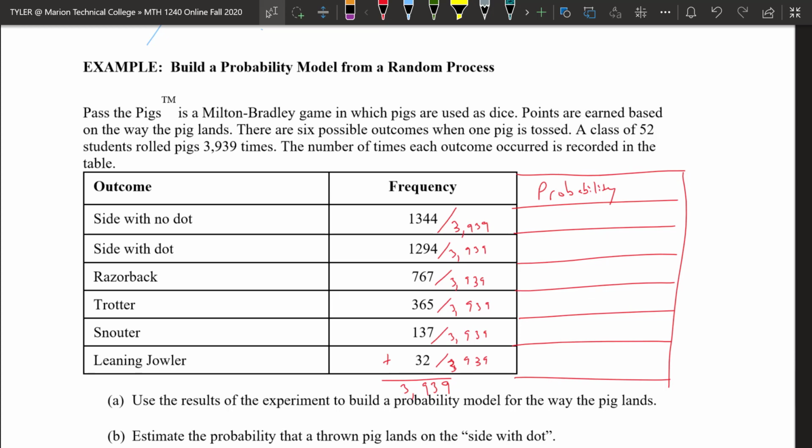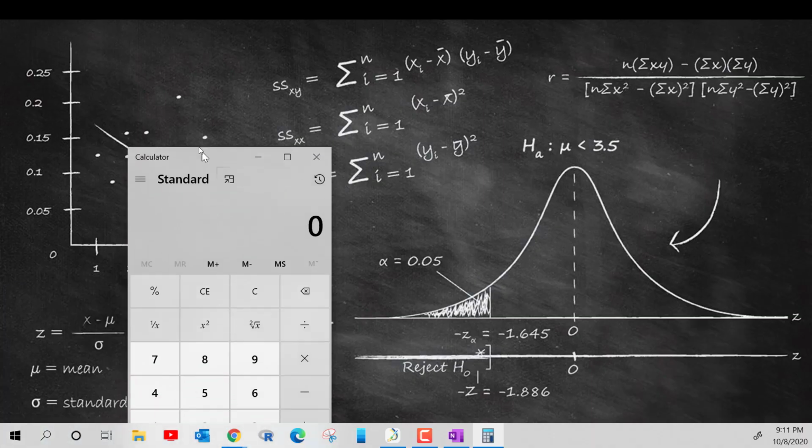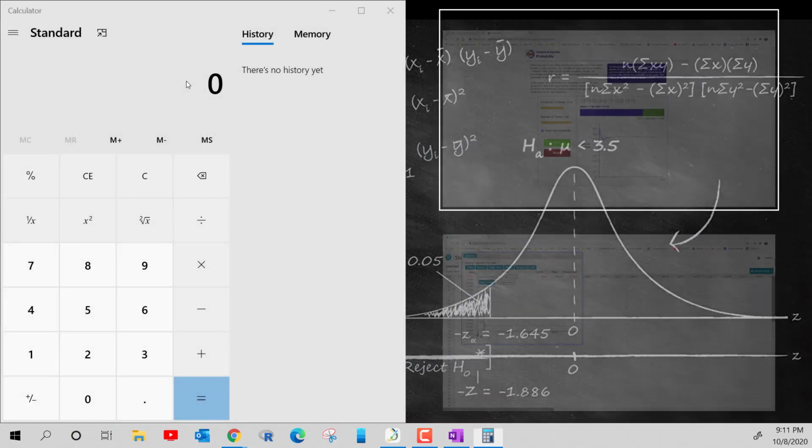So let me grab a calculator here. We can go split screen.